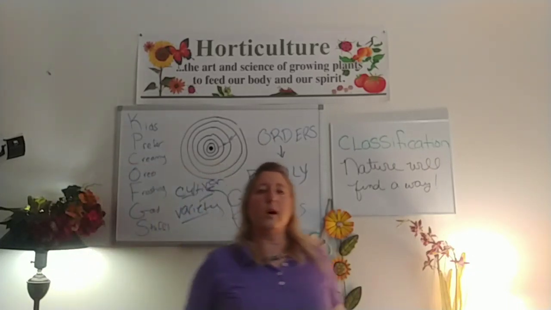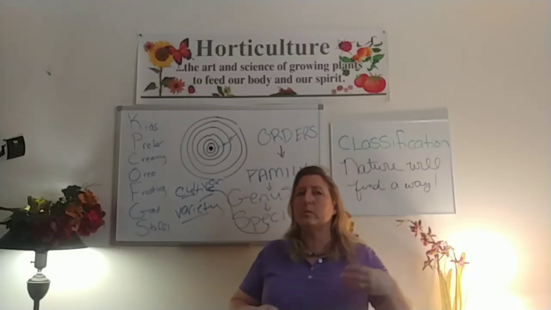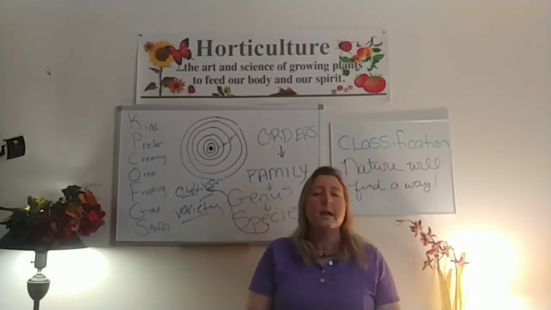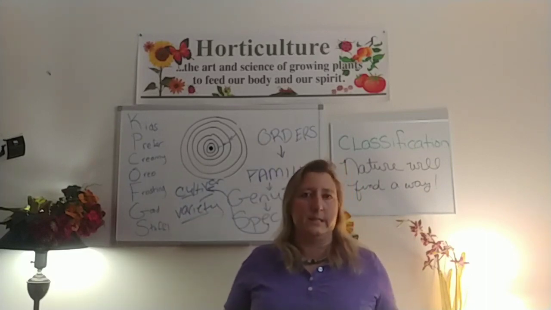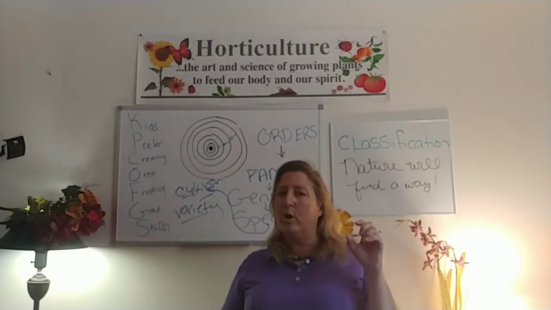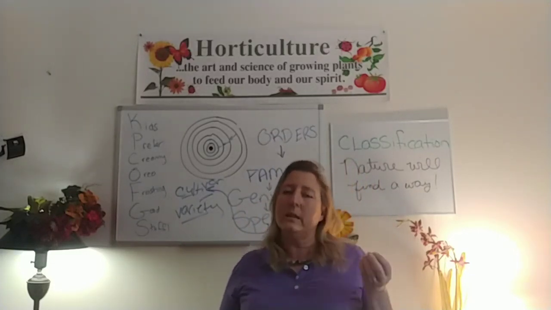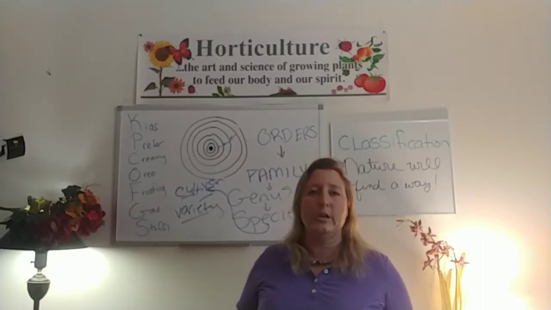So what's a cultivar or a variety? This is a plant that is within the species, but it has its own little different unique characteristics, okay? So it's not a different species, but maybe the leaves curl a little bit, or maybe it has a little bit different color. So it's a plant within the species that has unique characteristics.